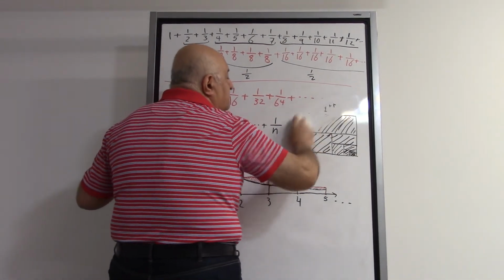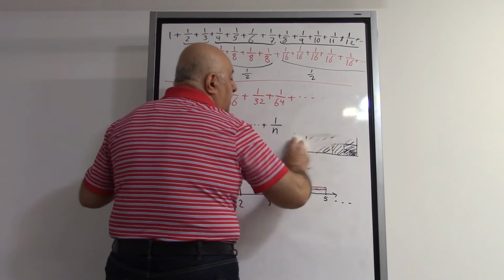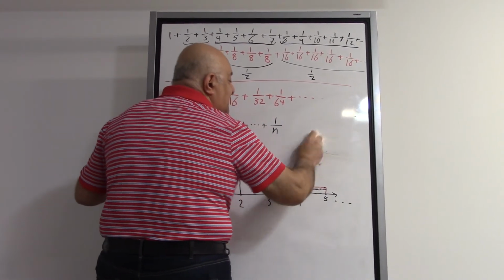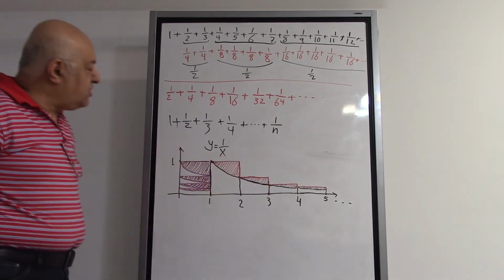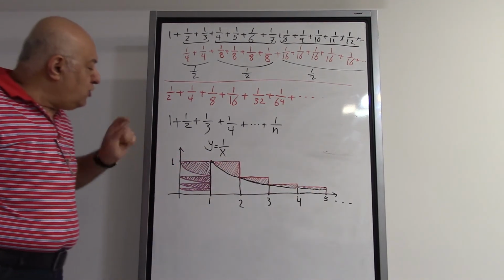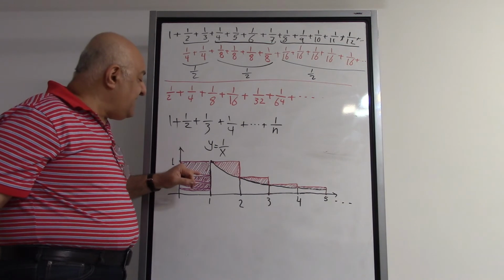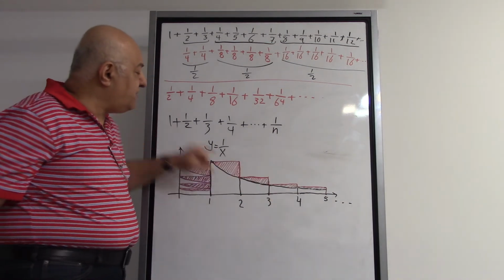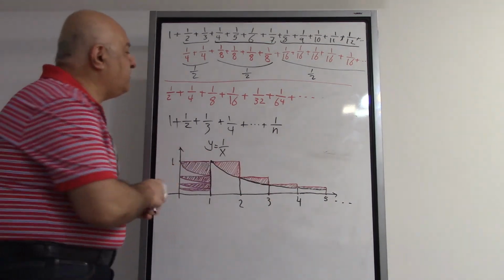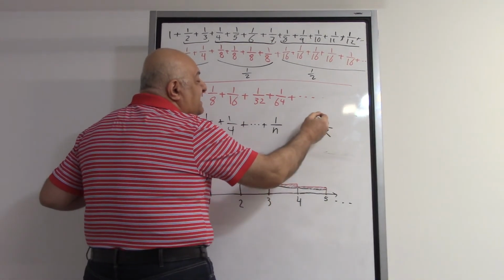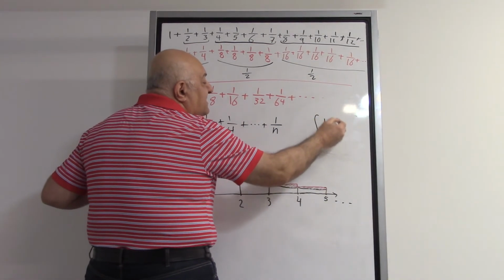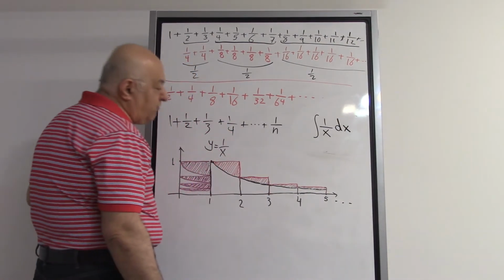But now, look at the area under this black curve. Those who had Calc 1 know the area under a curve is the integral of that curve. So this curve is 1/x. The integral of that from what?